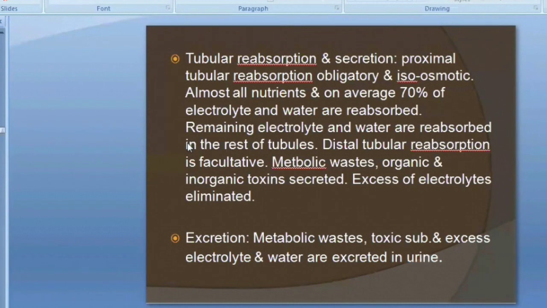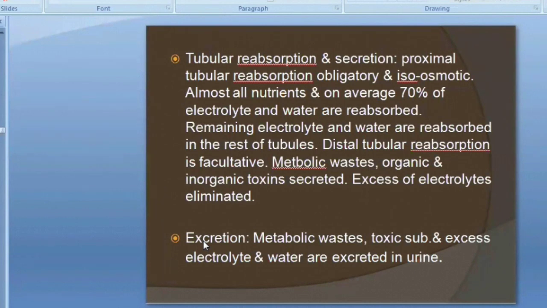Excess electrolyte, metabolic waste and toxic substances are eliminated through the tubules. Excretion. After secretion, tubular reabsorption. The first step was glomerular filtration. The next step is tubular reabsorption and secretion, and the third step is excretion.